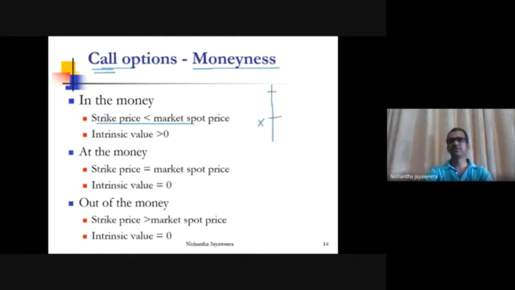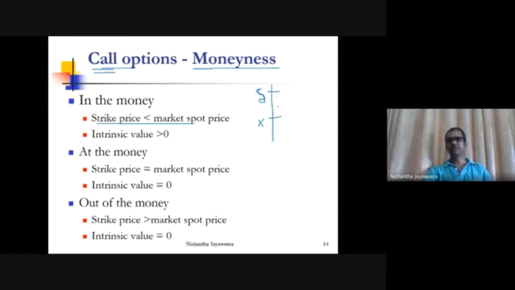At the time of expiry or at the time you exercise your option, because an American option you can exercise at any time. If for a call option the spot price is higher than the strike price, your intrinsic value is positive. S minus X is positive. So you should exercise your option.